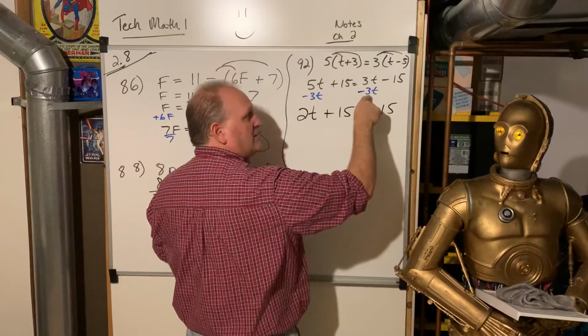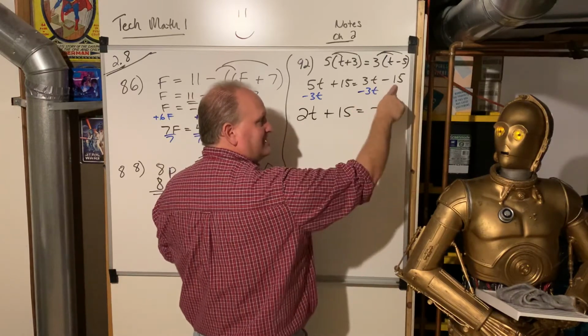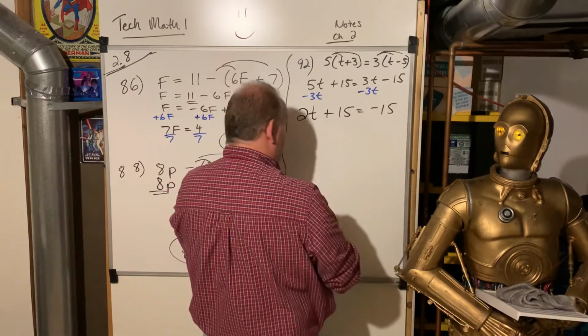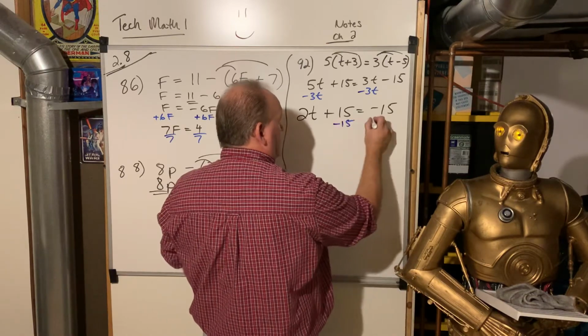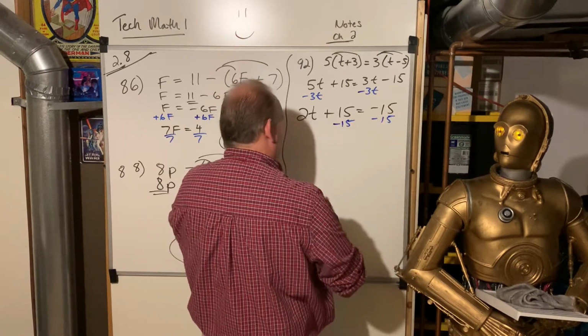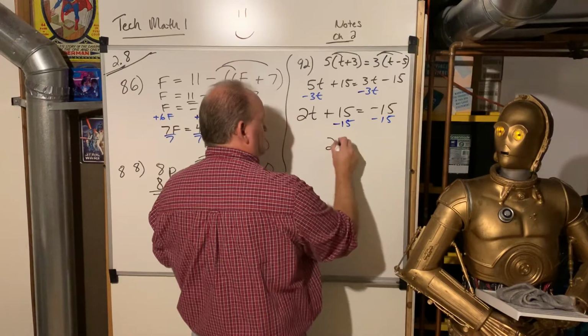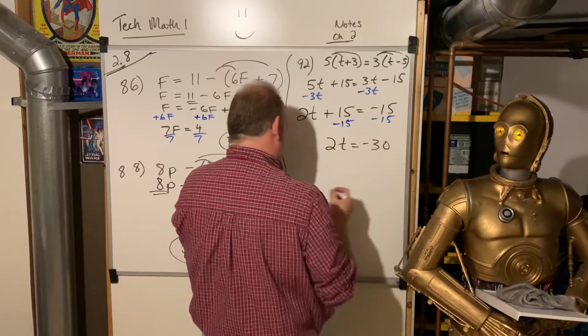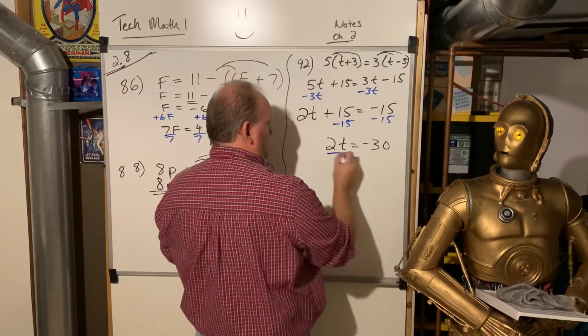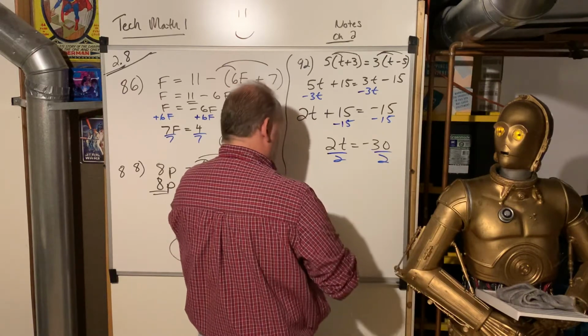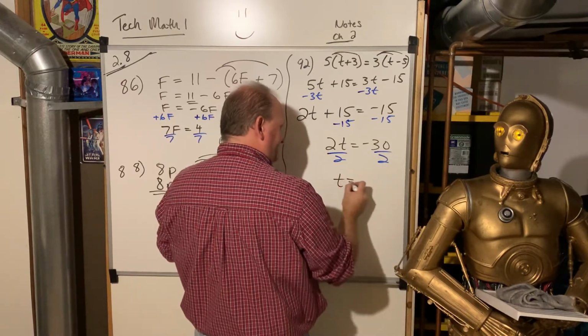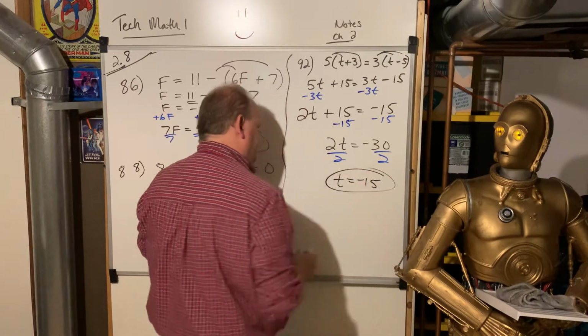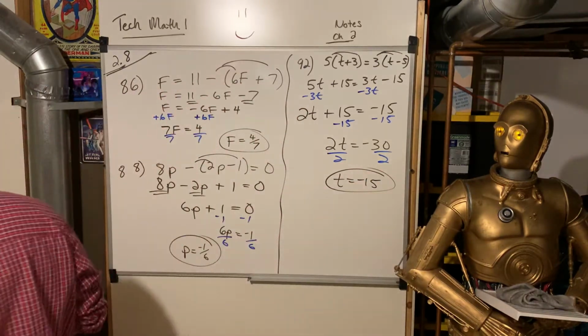When you zap that variable, be careful to remember that negative is on the 15. That's, again, a very common error. So t is equal to negative 15.